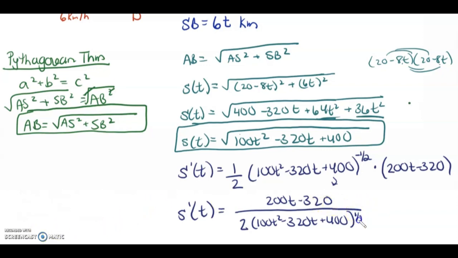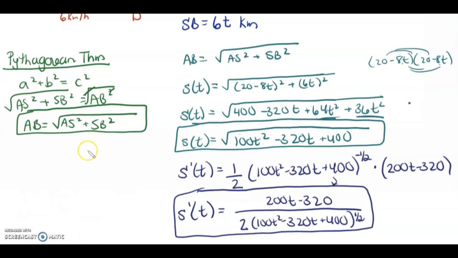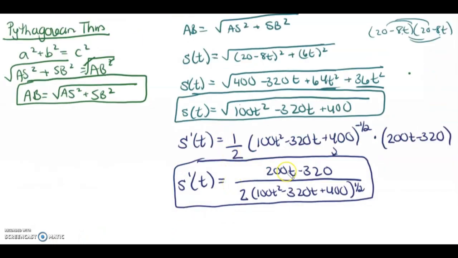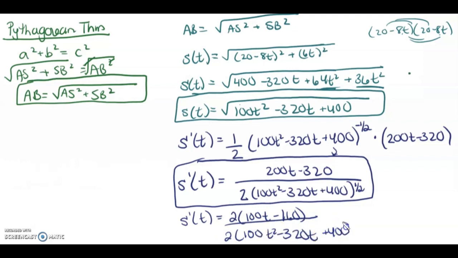So this right here is our derivative. In the numerator, I'm going to factor out a 2, and I get 100t minus 160, over 2 bracket 100t squared minus 320t plus 400 to the 1/2. And of course, we can cancel out those 2's.